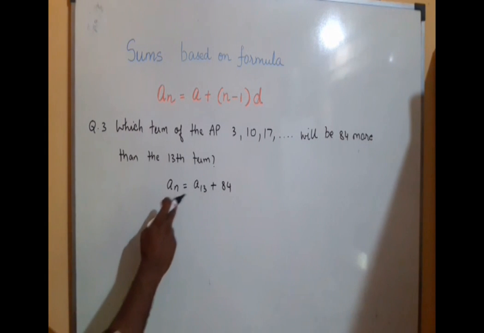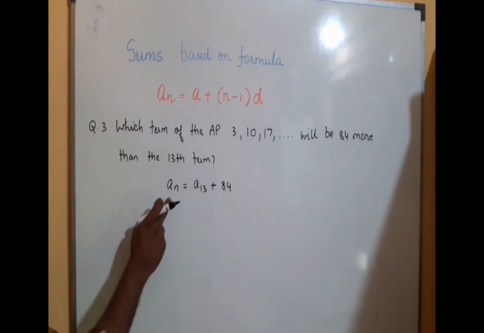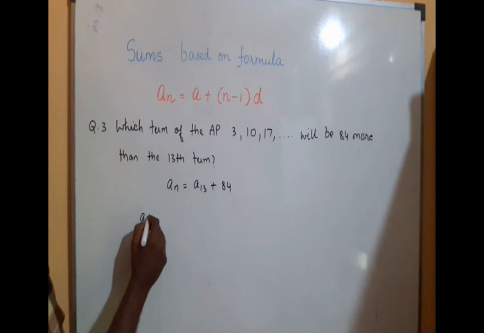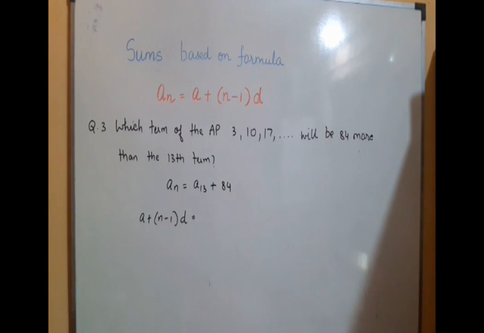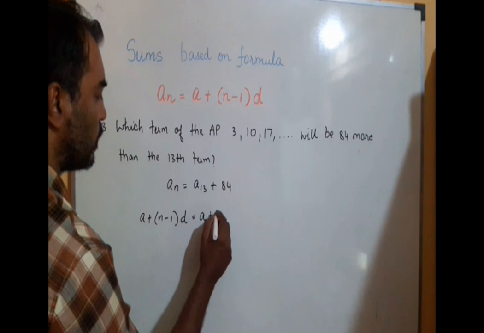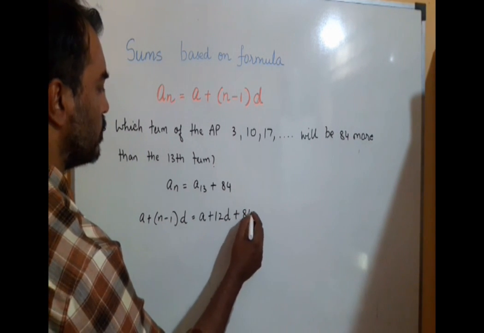Now there are two unknowns in this formula. So we will simplify and try to reach the answer. For this an, we'll put down this formula a plus n minus 1 d. Now we know the 13th term, we already have understood the 13th term is given, a plus 12d, plus 84.